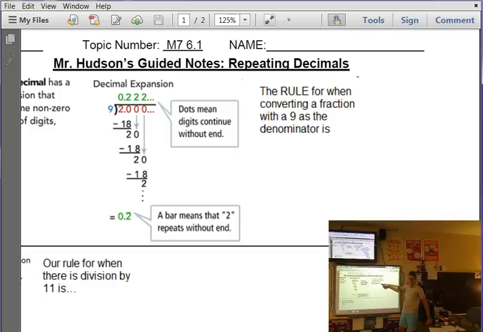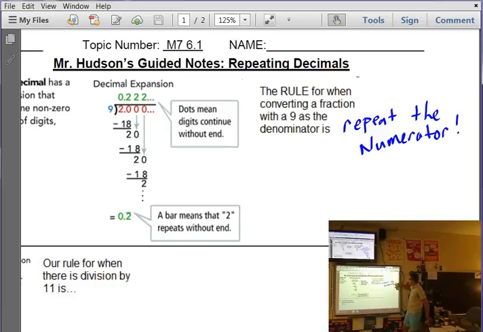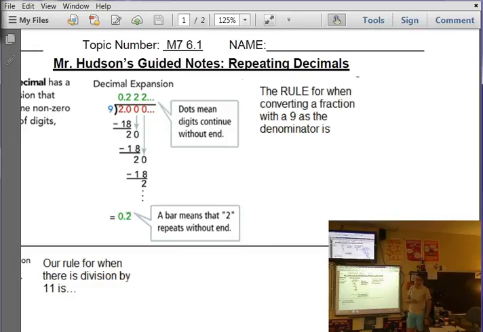So you could just say your rule is repeat the numerator. When you have division by 9, all you have to do is repeat the numerator as long as it's a proper fraction. So this does not work with improper fractions. It has to be a proper fraction first.